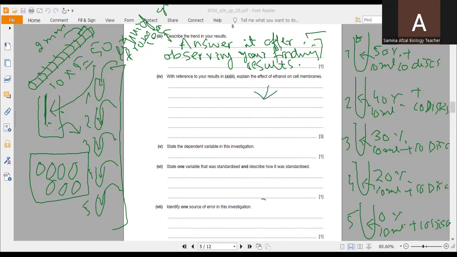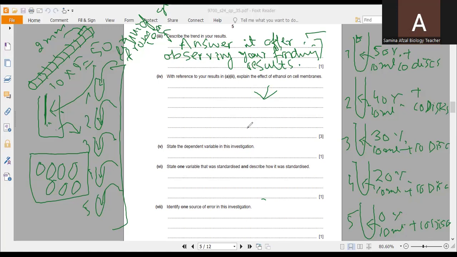Where the color intensity is low and less color is there, it means the cell membrane acts as a boundary wall, which allows only some molecules to pass through it. All molecules cannot pass through it randomly. In this way, with the help of points, you will explain this question.